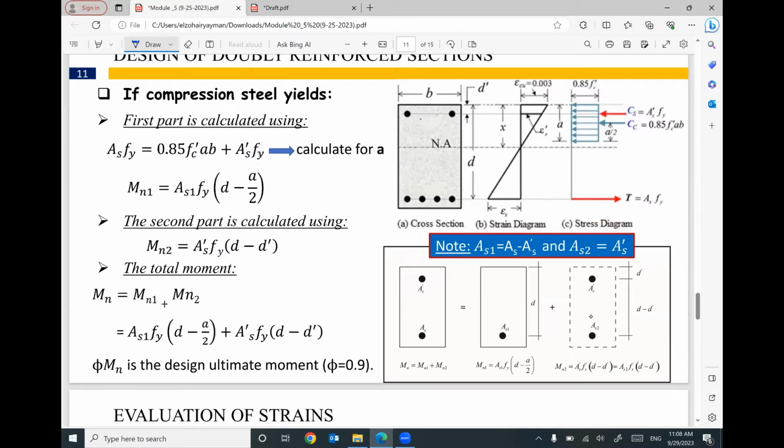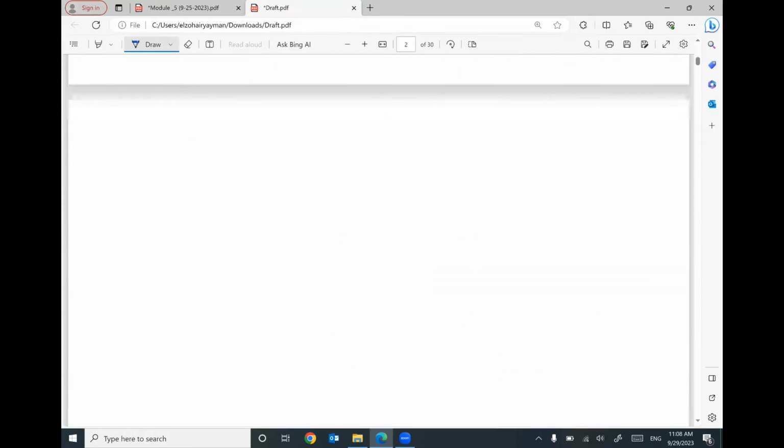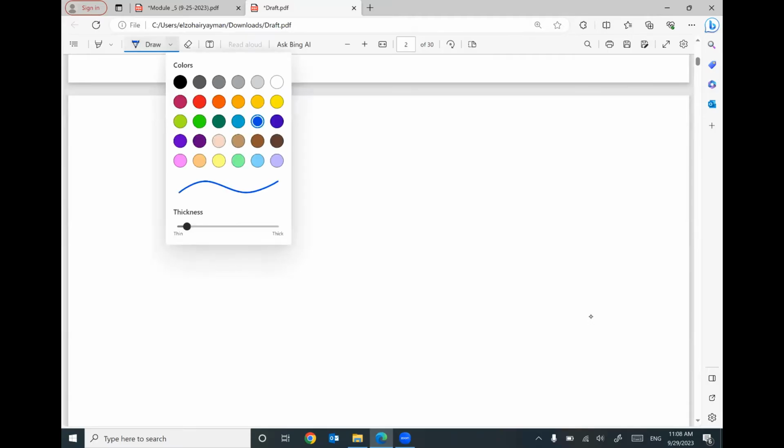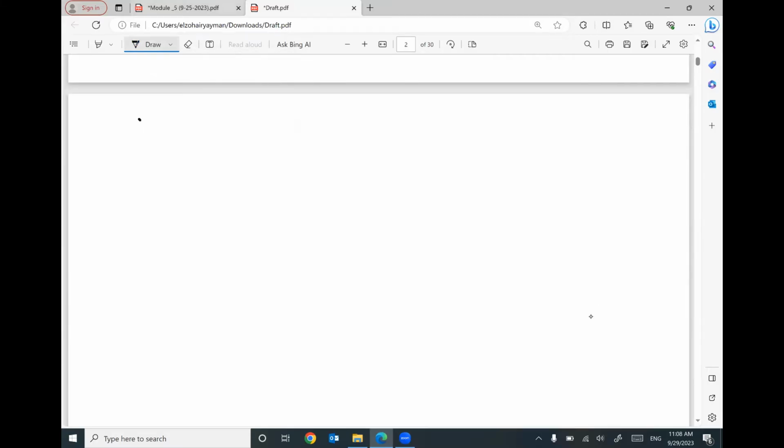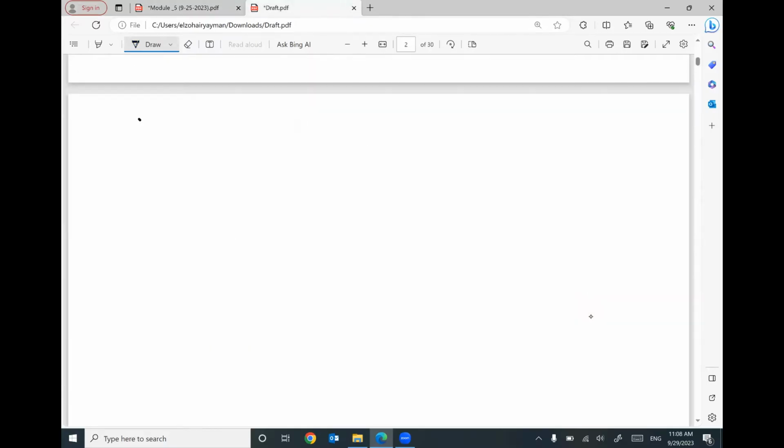This technique looks like the design of a T section. Let me explain it a little bit, and then we can do an example. So please pay more attention. This technique is summarized in this slide, but I would like to start it from scratch. I will have my double reinforced section.